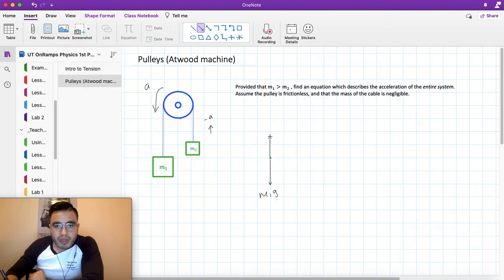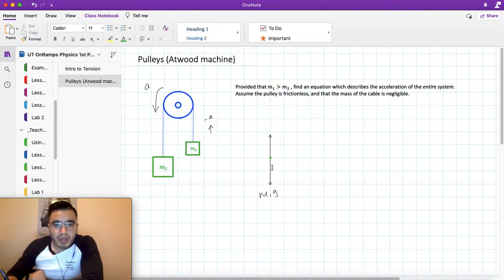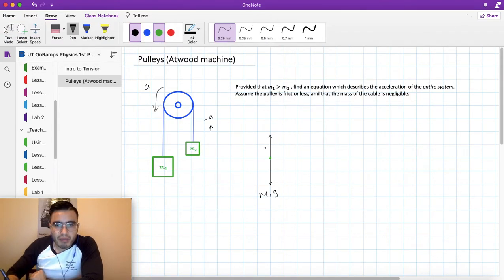Now I'm going to draw this slightly smaller than the weight of mass 1 because we have a motion, therefore our system has to be unbalanced. So this is slightly smaller. We'll call this tension. And then that's it. We have no other forces acting on mass 1.